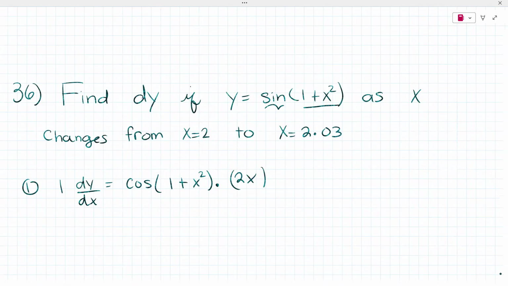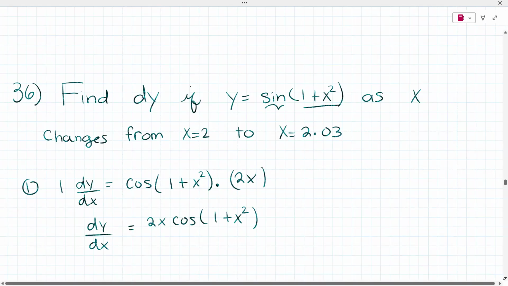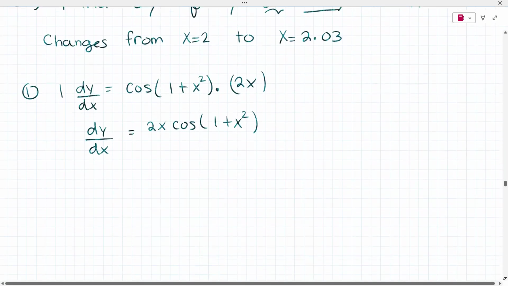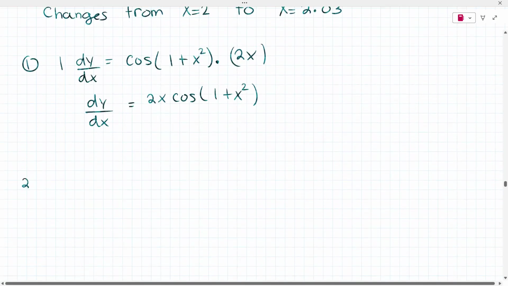And then what can I do next? If you want, you could put the 2x in front of the cosine if it makes it easier. Okay, so they want you to find dy, so we must cross multiply or separate. So step 2, I'm going to cross multiply to solve for dy.